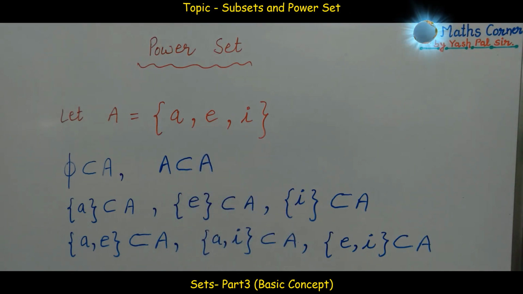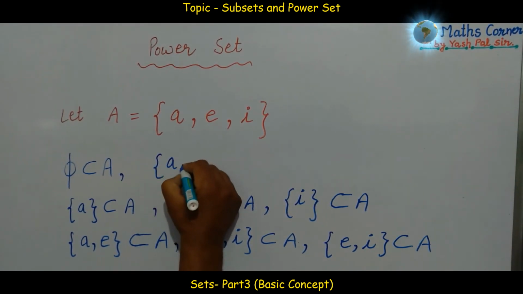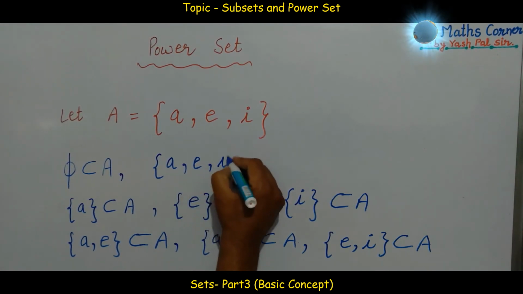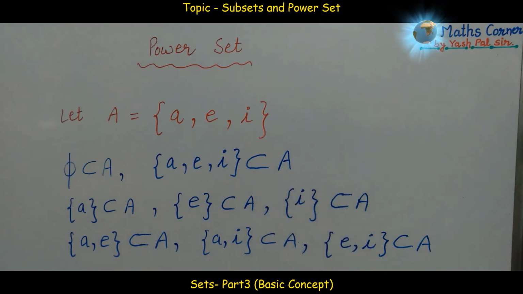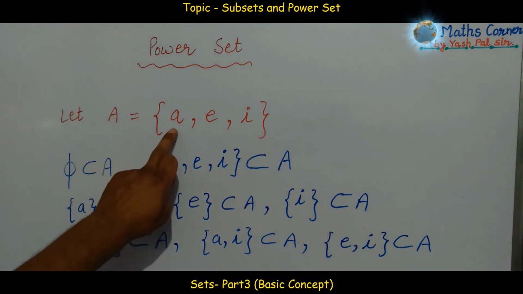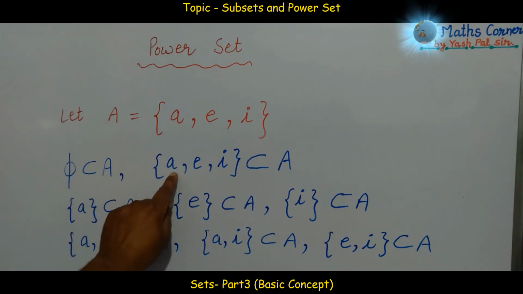So what is A? We can write it this way, writing all the elements A, E, I. This is also a subset of A. So how many subsets in total can we have from this given set? First, phi. Second, the complete set.